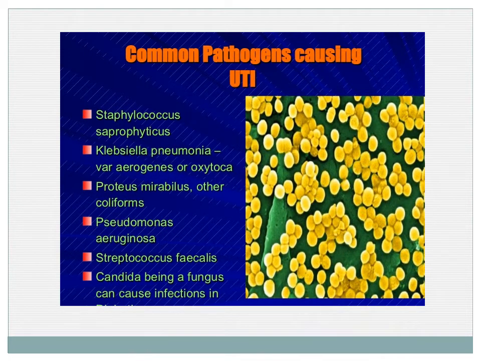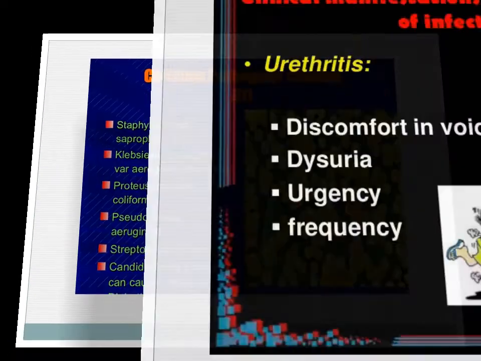Here you can see the common bacteria that cause UTI: Staphylococcus saprophyticus, Klebsiella pneumoniae, Proteus mirabilis, Pseudomonas aeruginosa, Streptococcus faecalis, and Candida. These are the microbes or bacteria causing it.